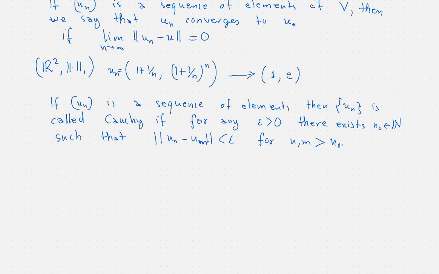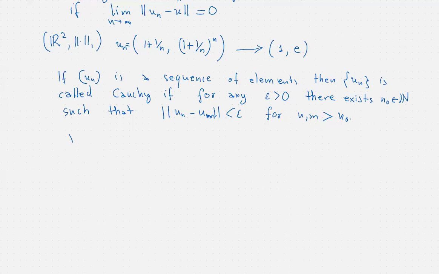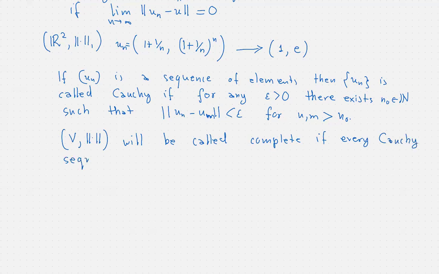So V will be called complete if every Cauchy sequence of elements of V is convergent.